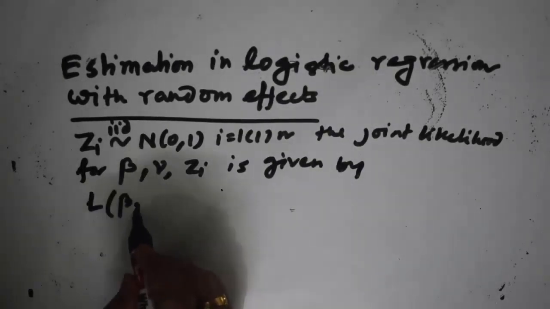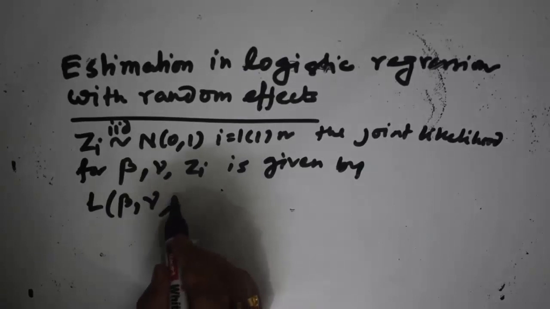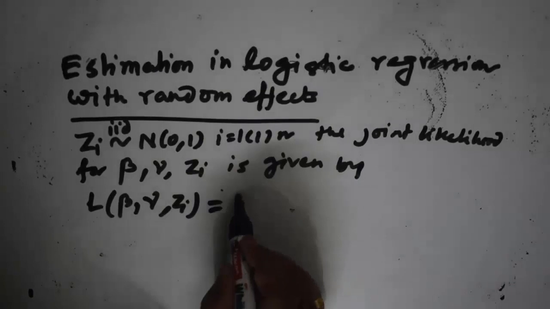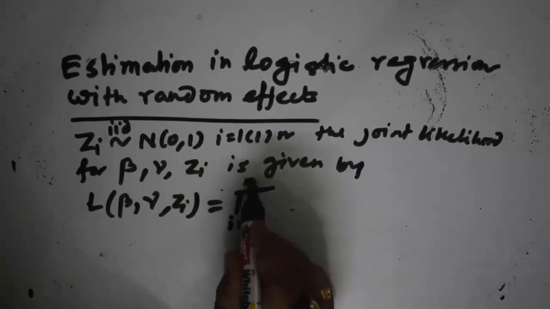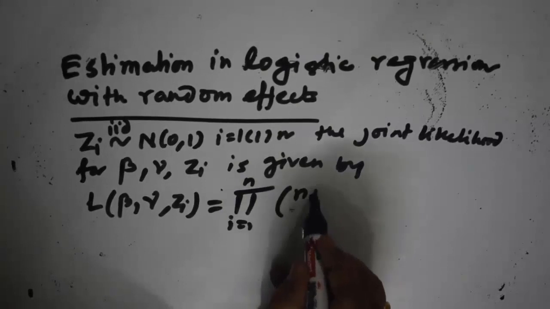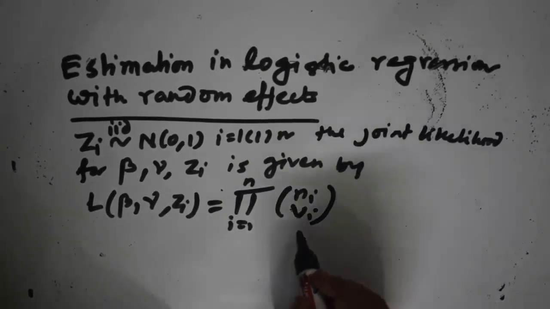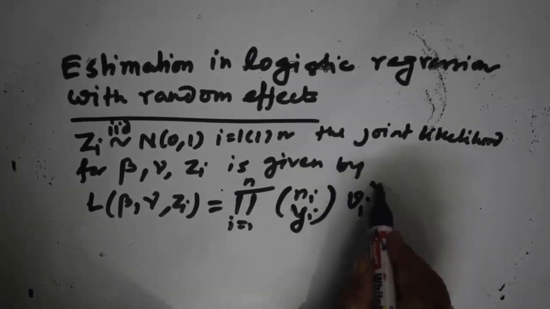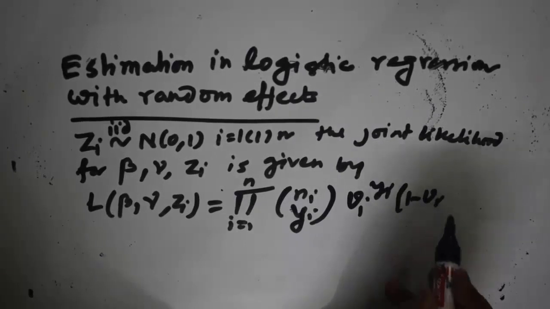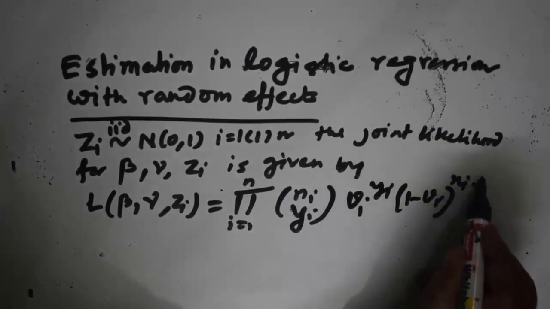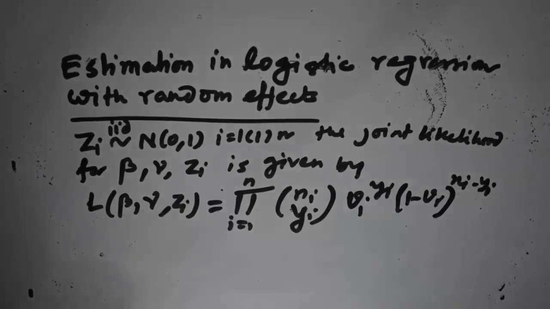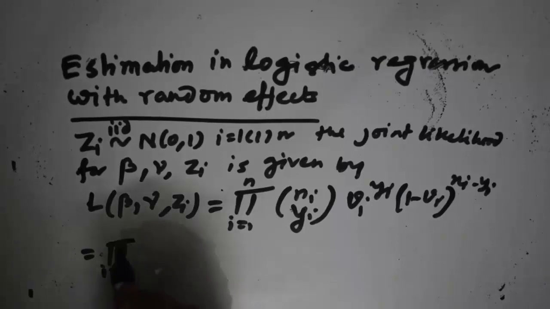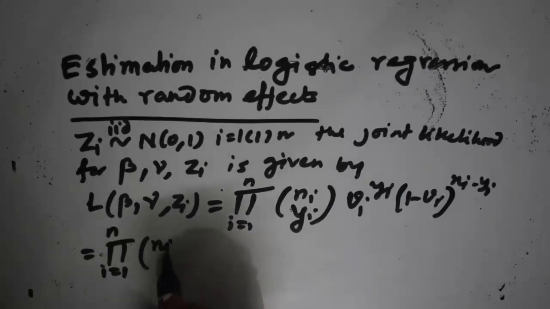L(beta, gamma, Zi) equal to the product of i from 1 to n, of nCyi, vi to the power yi, (1 minus vi) to the power ni minus yi, and this is equal to the product of i from 1 to n, nCyi.